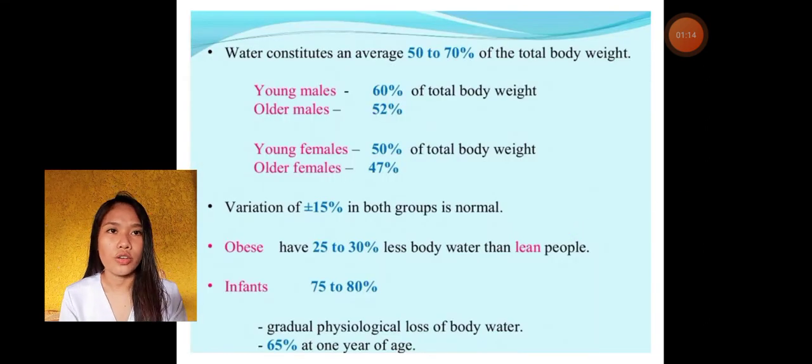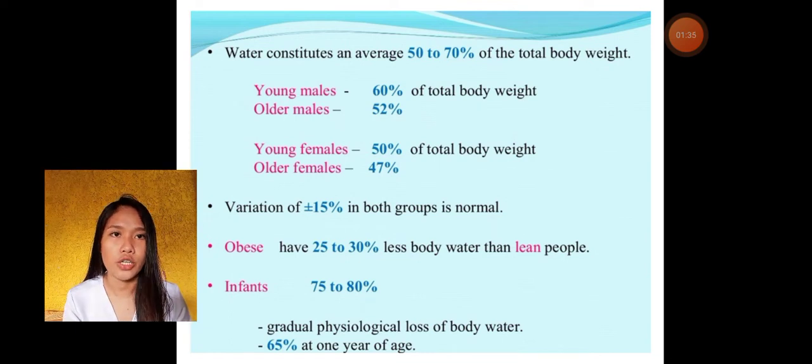So, water constitutes an average of 50 to 70% of total body weight: young males 60% of total body weight, and older males 52%. Young females 50% and older females 47%.